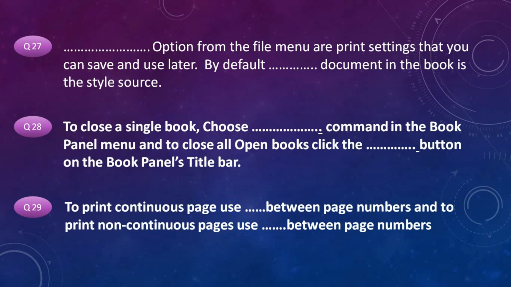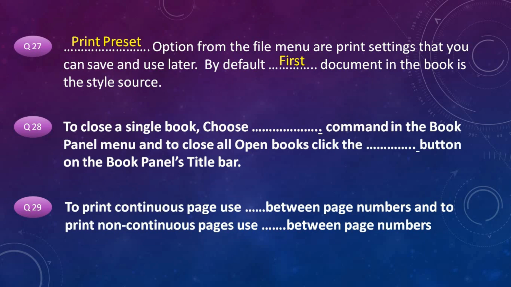The answer for these questions: Print preset option from the file menu are print settings that you can save and use later. By default, first document in the book is the style source.